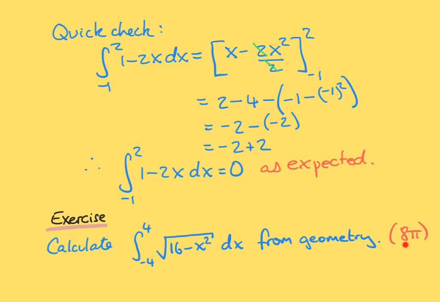And the answer that you should obtain is 8 pi. You don't need to calculate it using techniques of integration. You just need to use geometry. And on the next slide, I will just draw something which will, I hope, make it clear to you why this is the case.